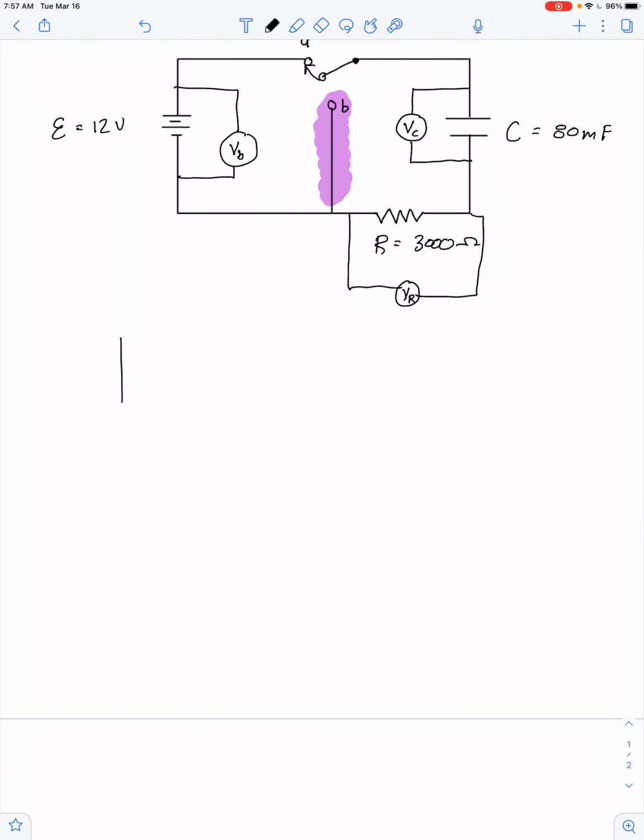We could graph all three voltages as functions of time. So the voltage across the resistor as time passes by.